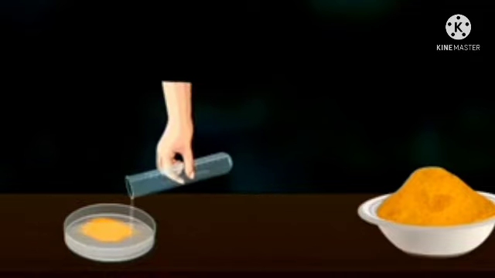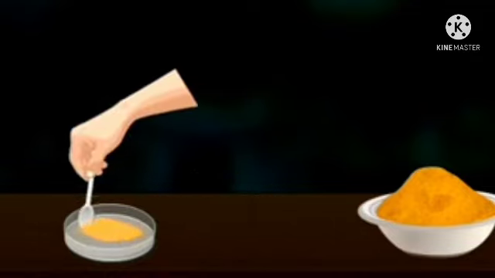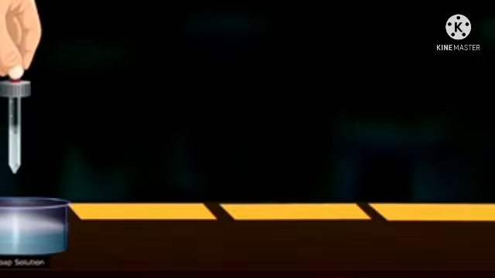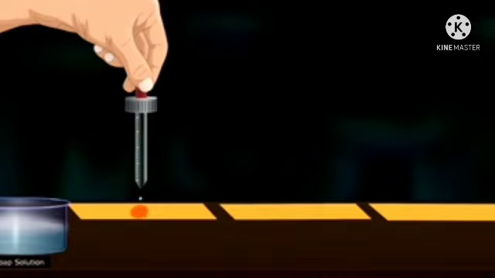Activity: natural indicators. Take some turmeric powder and add a bit of water to it. Now prepare turmeric paste. Rub the turmeric paste on white paper. Cut strips of the yellow paper. Put a drop of soap solution on the strip of turmeric paper. Observe the changes.